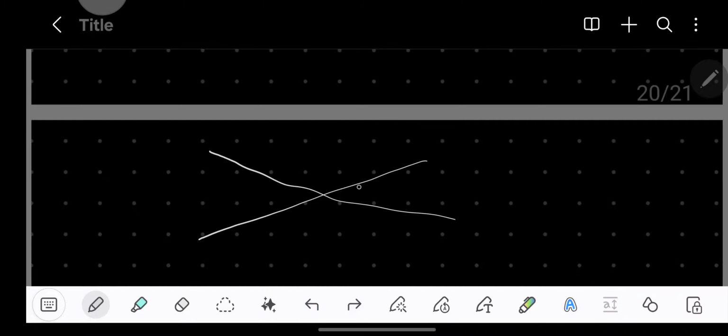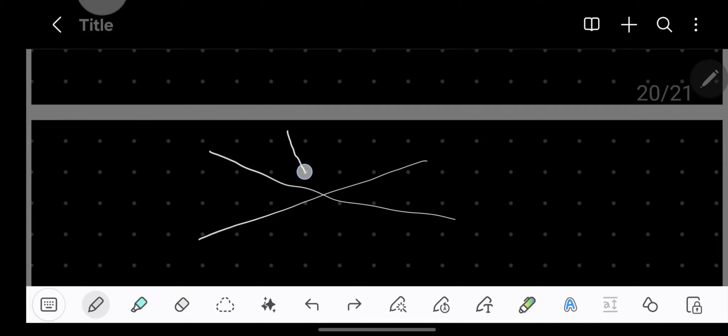So how will the 3 lines be concurrent? If the third line, whatever its direction is, passes through this point. For example, if I pass the third line from here, now we can say that these 3 lines are concurrent.